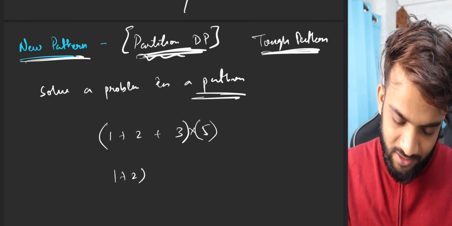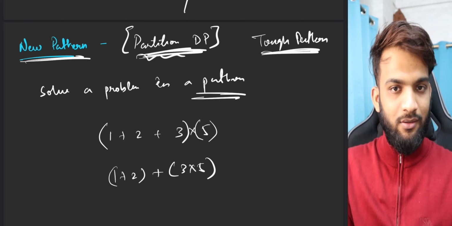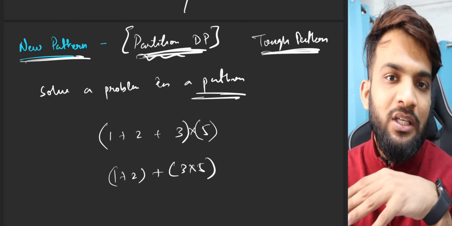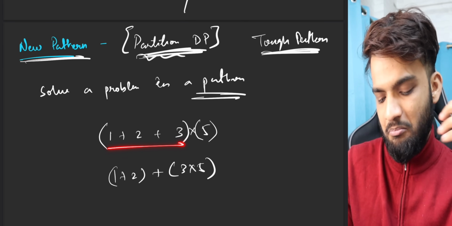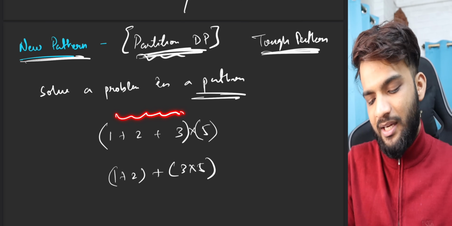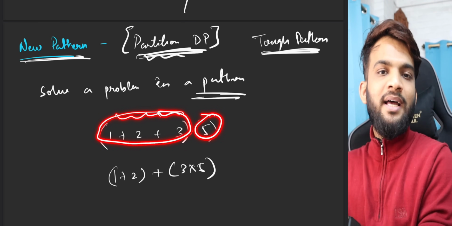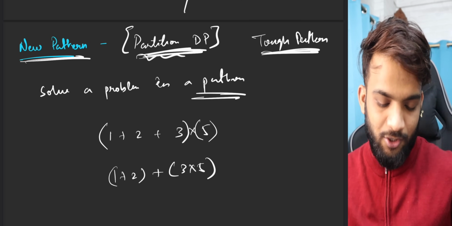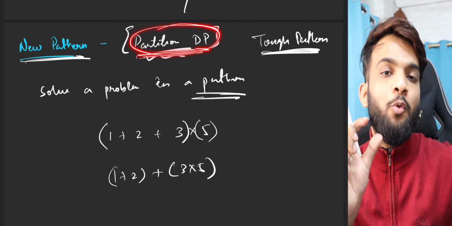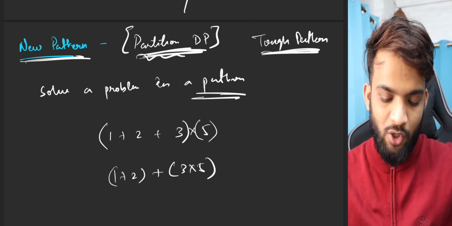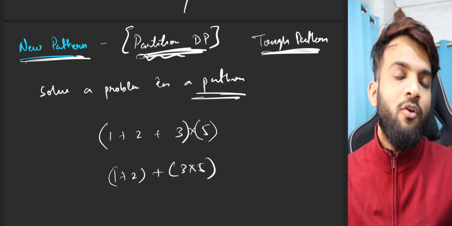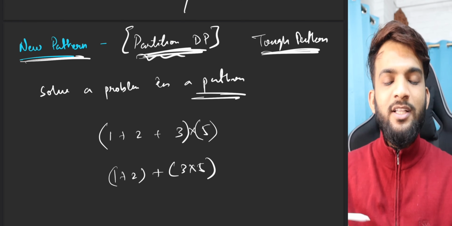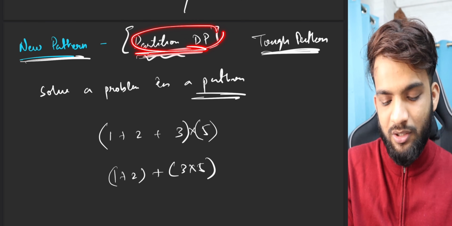And if you put them like this, the answer is different. Don't you agree? So whenever you find questions similar to these, where if you solve in a particular way you get one answer, and in some other way you get some other answer, that's when you can relate it to partition DP. Remember this: whenever there are multiple ways to solve, and they ask you to find the best possible way, that's when you relate the problem to partition DP.